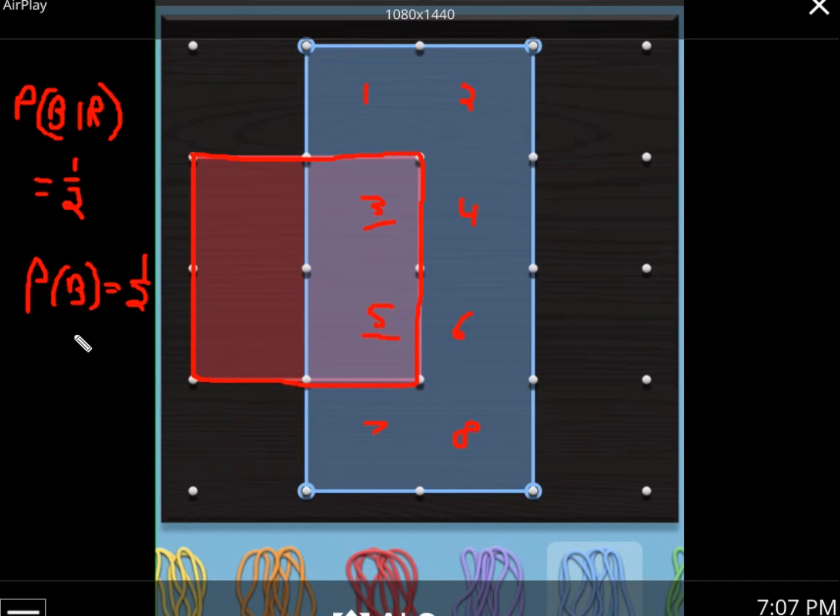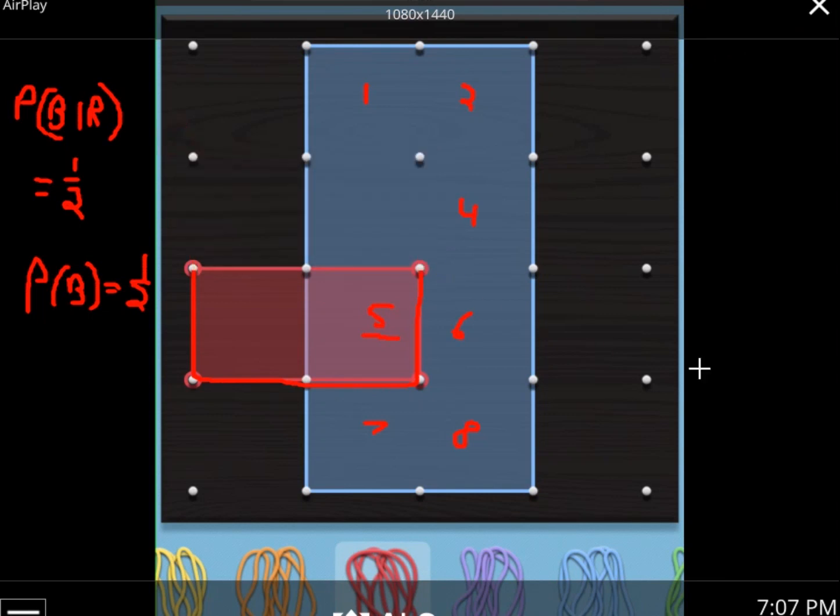let's just change one of the event sets. So what if I do this? Well, now it's still the same thing, right? I have a slightly different look here.